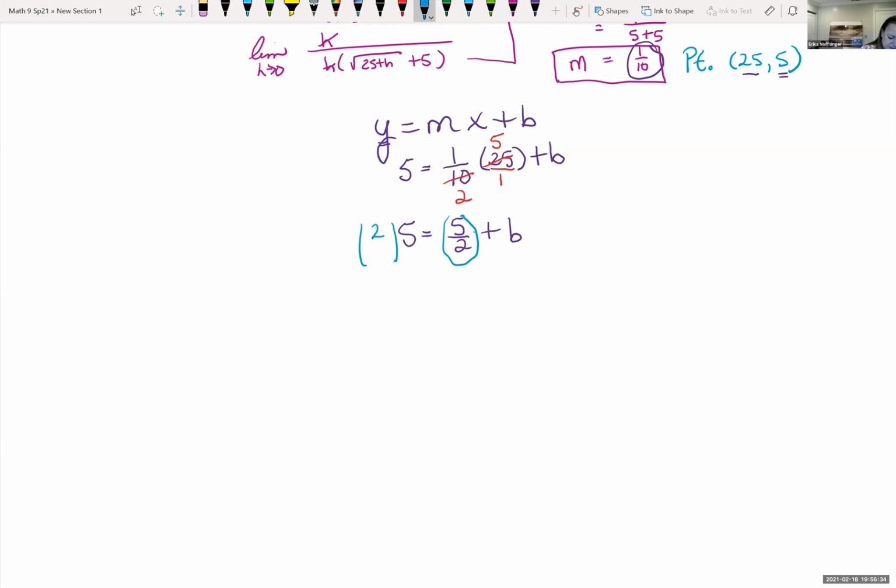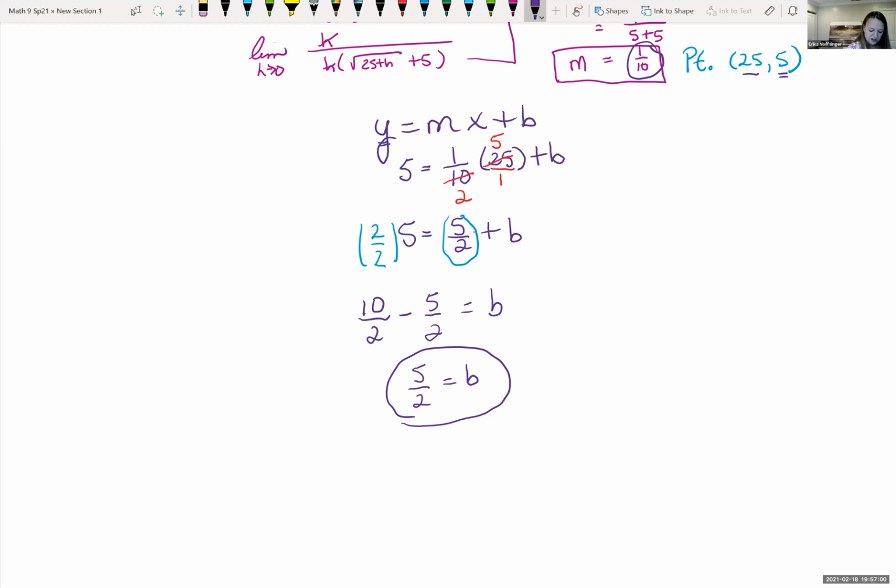So let's multiply 5 by that fancy one with a common denominator of 2. This gives me 10/2 minus 5/2 is equal to b. So 10/2 minus 5/2 is 5/2, which is b.